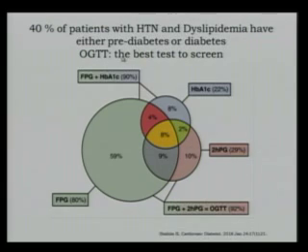Okay? And the best test to screen to detect that would be an oral glucose tolerance test. But a fasting plasma glucose did good enough in that it could detect about 80% of this population. But if you combine that with the 2-hour postprandial glucose, which is in the setting of an OGTT, you were able to detect about 92% of the population. Okay.